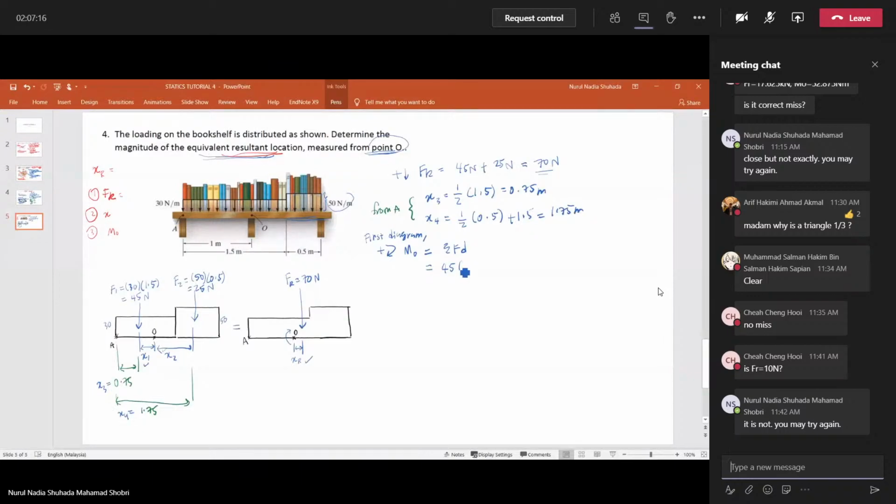To find the distance of F1 to the point O, from point O here until here is actually 1. So you just do 1 minus 0.75.